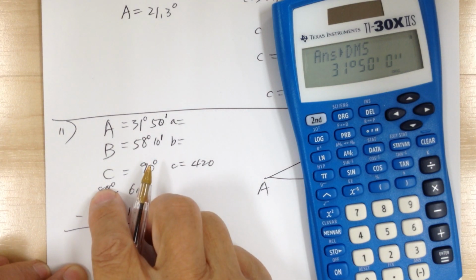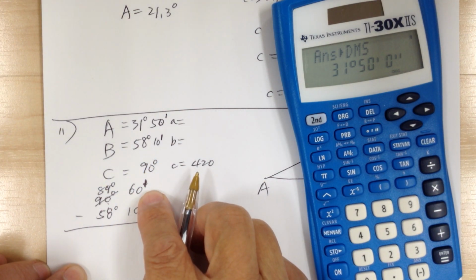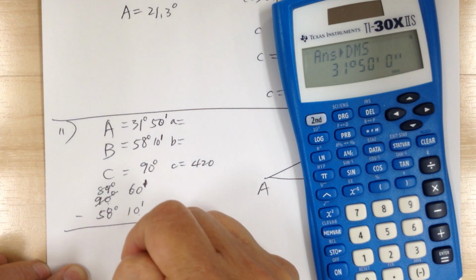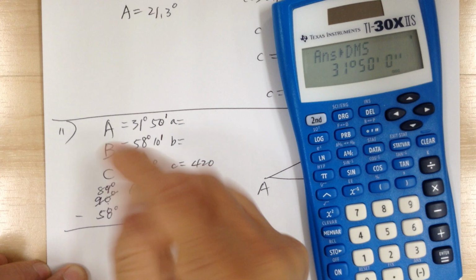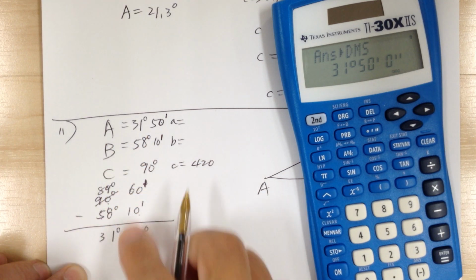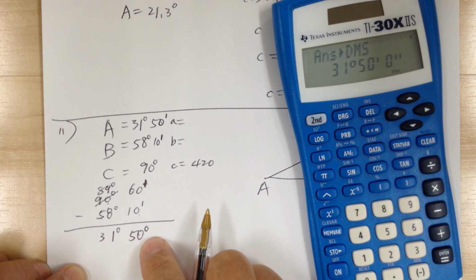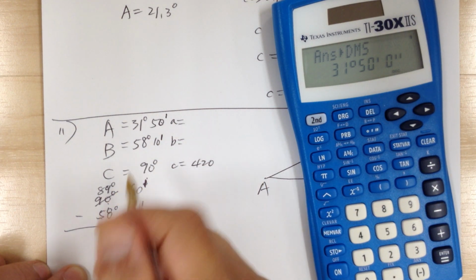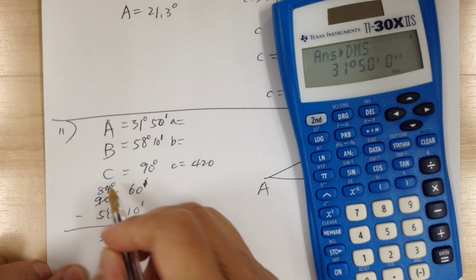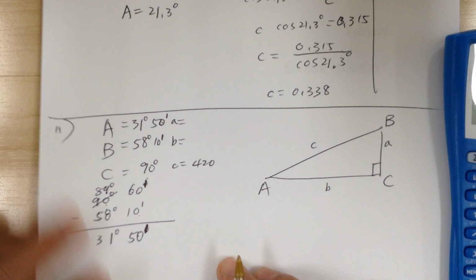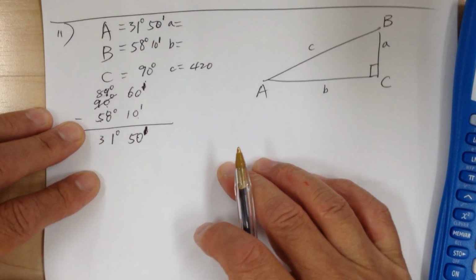So now you can subtract. So 60 minutes minus 10 minutes gives you 50 minutes. 9 minus 8 gives you 1. 8 minus 5 gives you 3. That's how I get 31 degrees 50 minutes. So you can do that manually also by just borrowing 1 degree and making it into 60 minutes. Or you can just use a calculator, but either way you need to know how to do that.